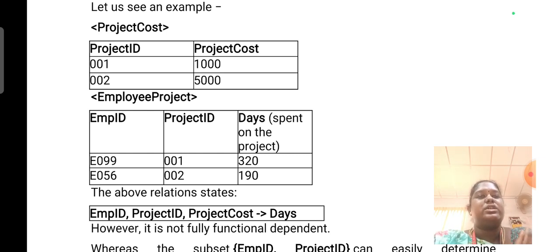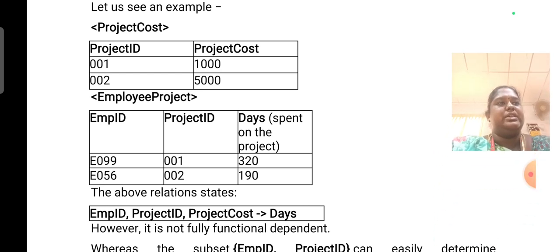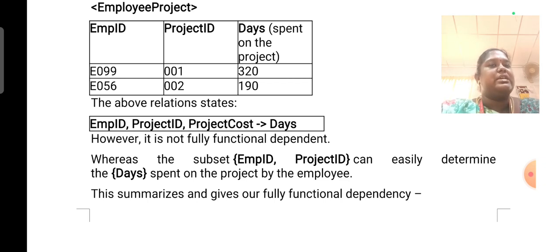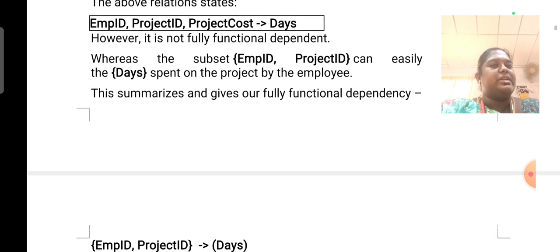We want to know about the days, but by using employee ID and project cost we calculate the days, but we don't need to know the project cost. So it is not fully functionally dependent, whereas a subset of employee ID and project ID can easily determine the days spent on the project by the employee.